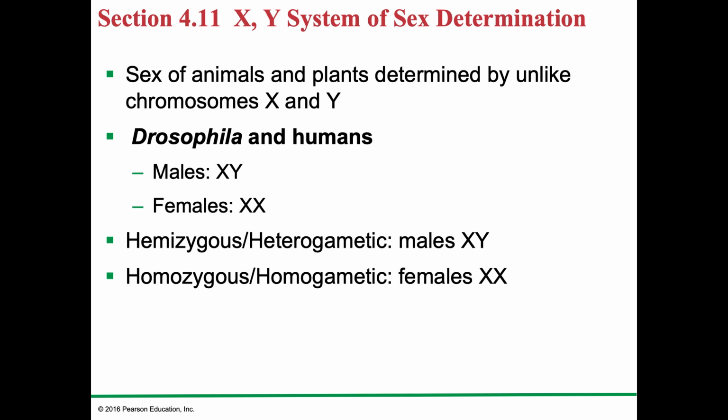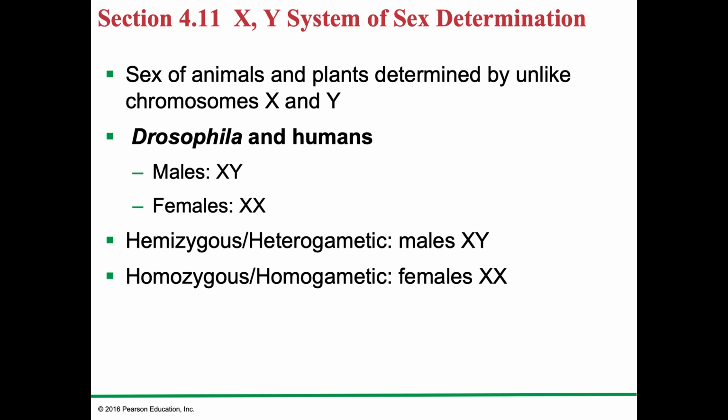In Drosophila, which are the fruit flies, and in mammals, we use the XY system. Birds use a ZW system. Reptiles have a really weird system of sex determination that involves not only chromosomes, but also temperature. So at least in Drosophila and humans, we have X chromosomes.